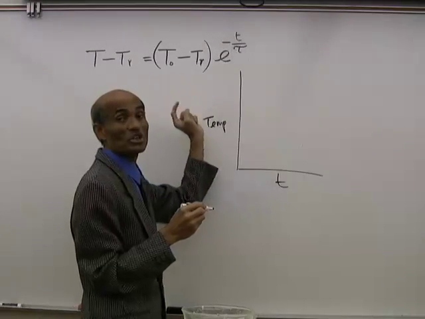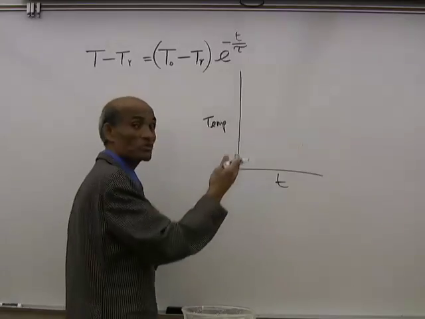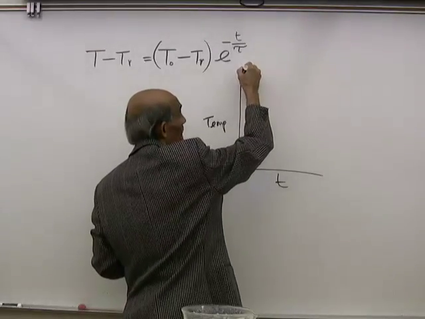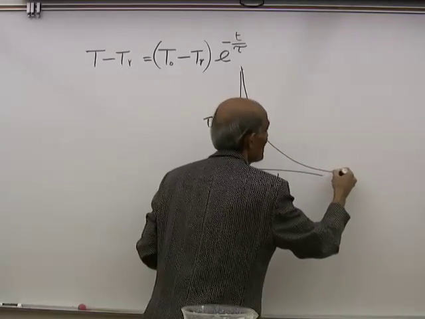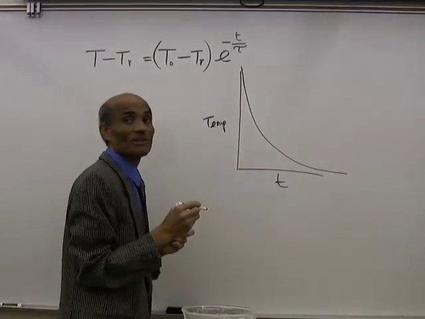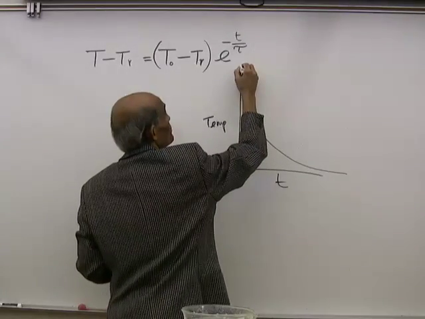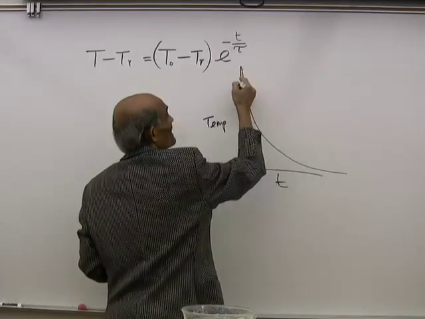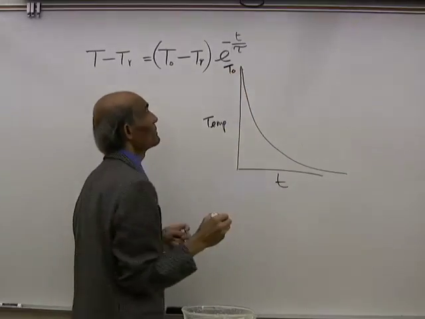Using this equation, tell me how will the graph look like? The temperature will drop exponentially. There you are. That is how the temperature drops. Now, this temperature where the graph cuts the y-axis is T0.